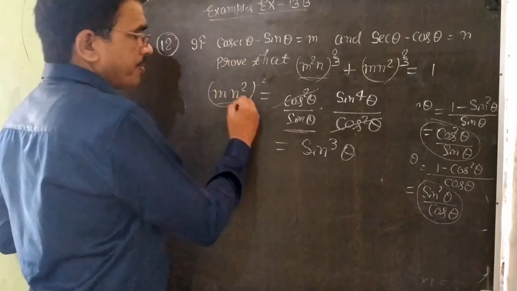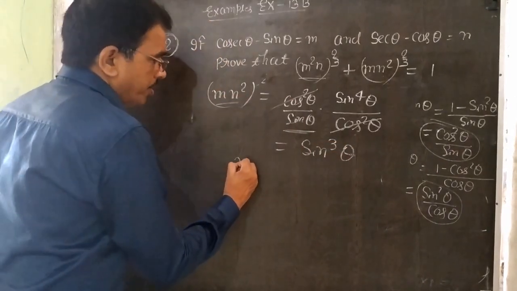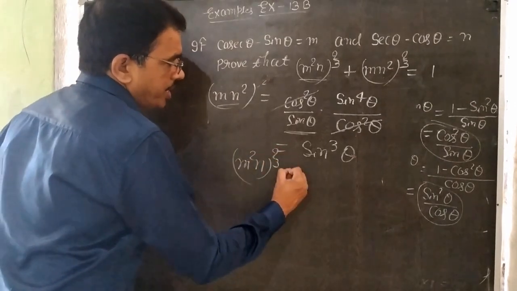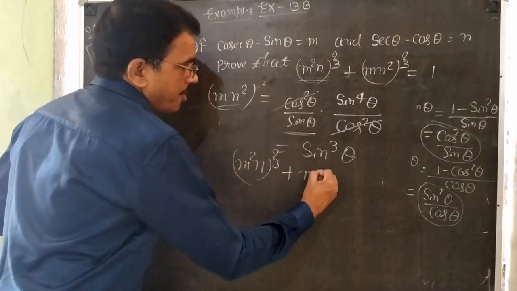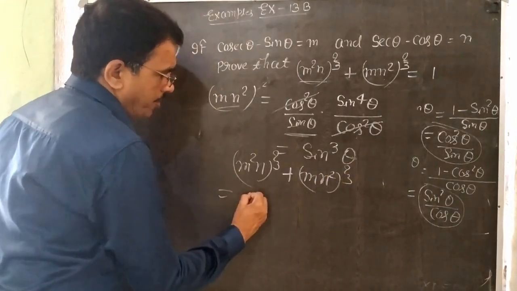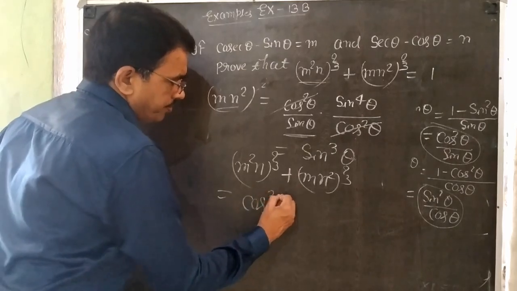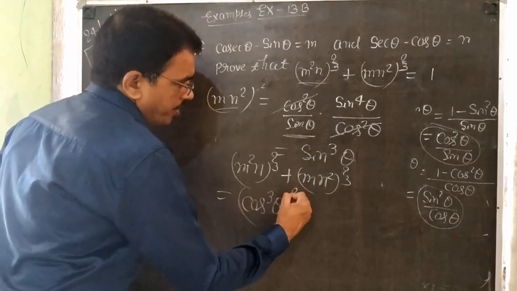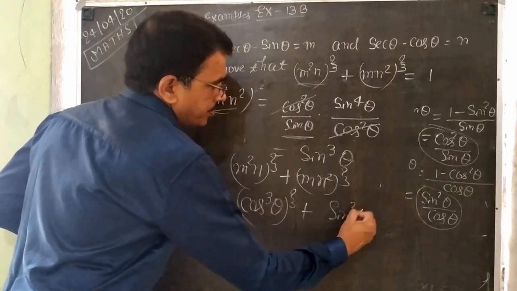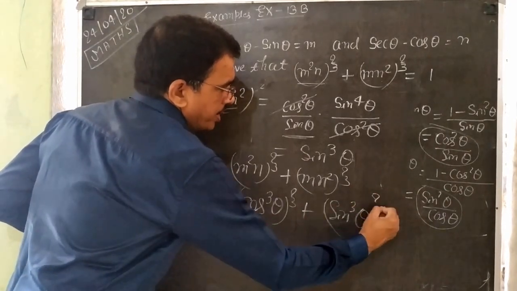So the value of m n squared is sin cubed theta, and your question is m squared n to the power 2 by 3 plus m n squared to the power 2 by 3. The value of the first is cos cubed theta to the power 2 by 3, and the value of this is sin cubed theta to the power 2 by 3.